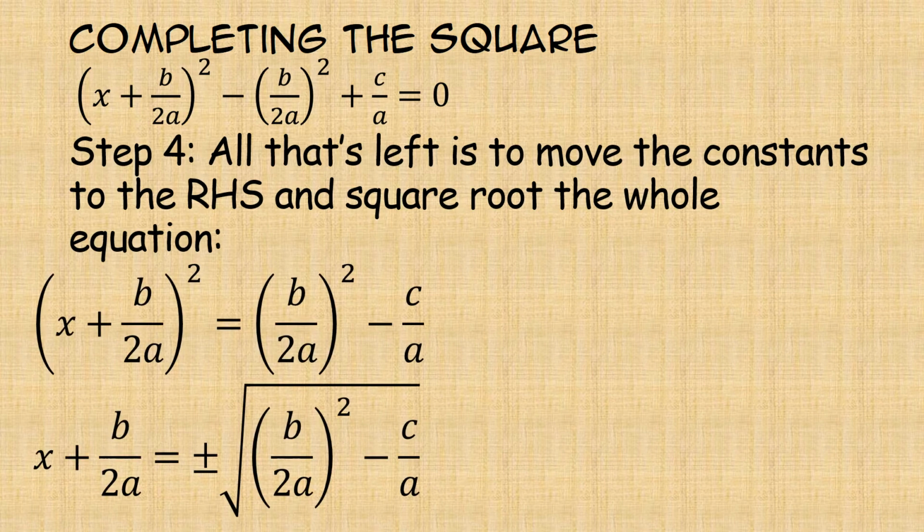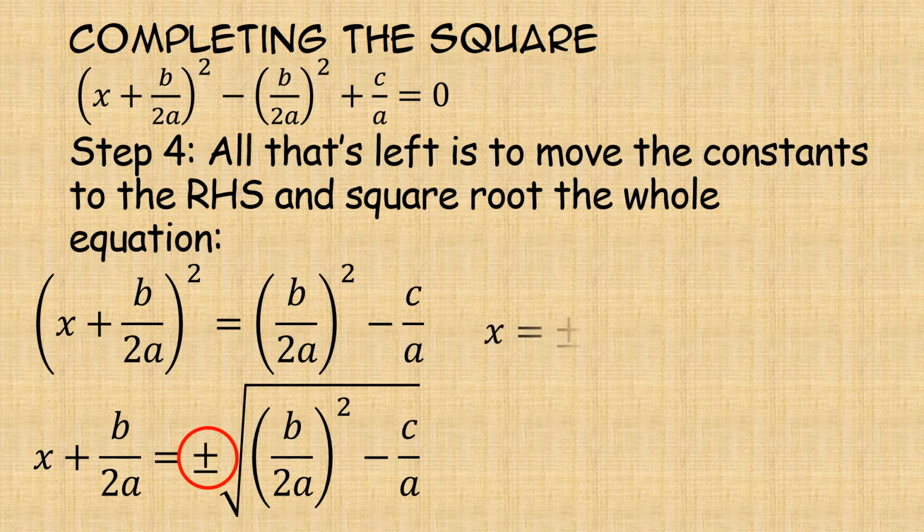The only thing to always remember to do here is when you square root the constants, the answer can either be positive or negative. This is simply because 2 squared and negative 2 squared are both equal to 4. So you need to account for both possibilities in searching for your answer. That's all.